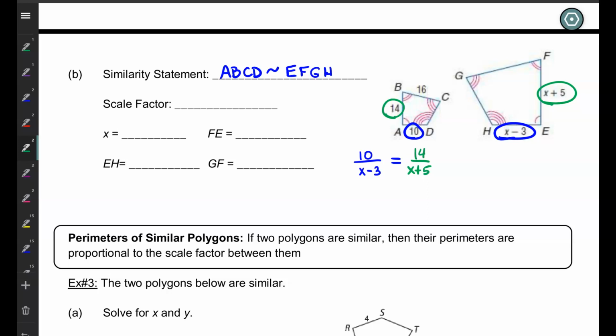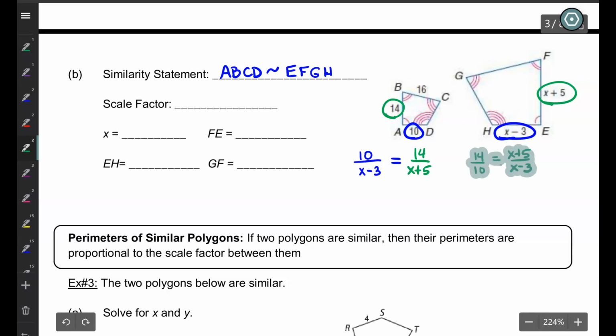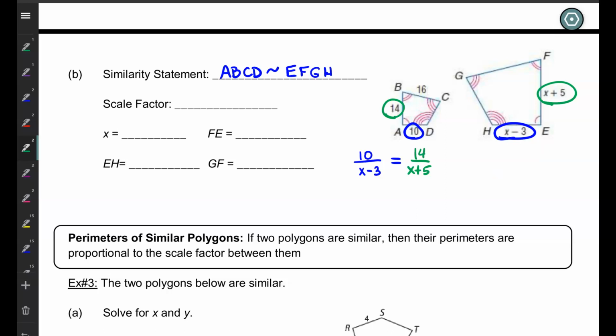You could do x minus 3 over 10 equals x plus 5 over 14. That's fine. Some of you might even ask, well, what if I did 14 over 10 equals x plus 5 over x minus 3? These are all fine, okay? I just like to, when I set up my proportion, always compare corresponding sides. So you don't have to do the one on the left and then the one on the right. It depends on how you'd like to solve it.